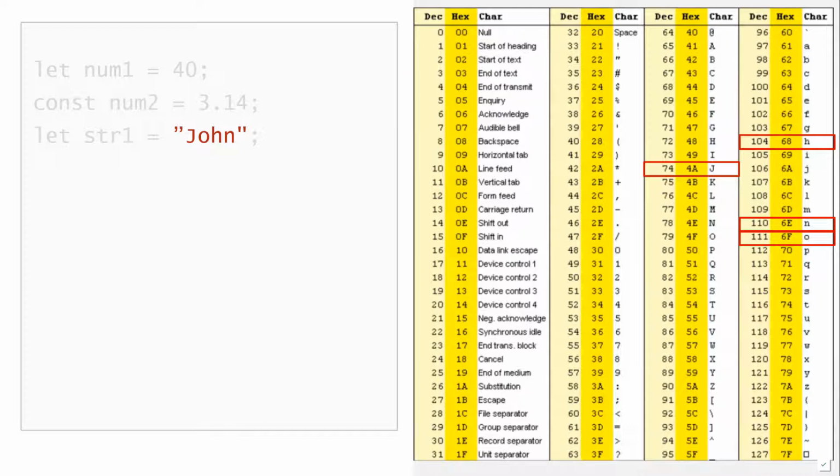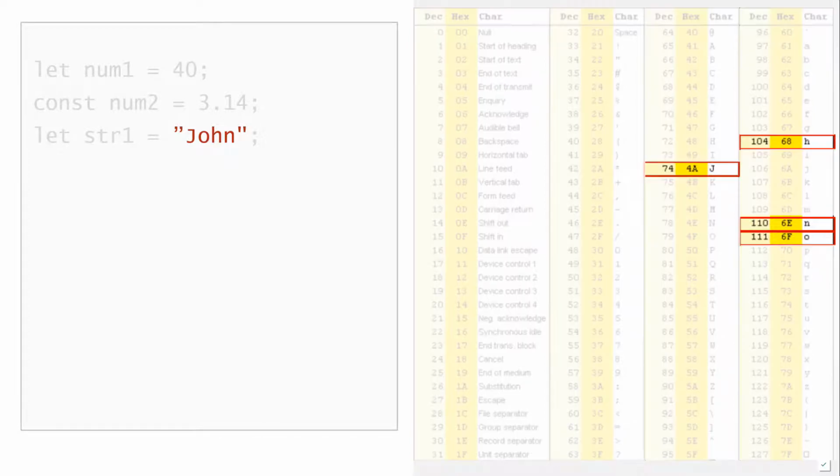So this is an old standard for relating characters to numbers. The Unicode standard uses exactly the same numbers right at the beginning of its definitions. So the first 127 characters in Unicode are the same as the ASCII characters. So let us see how we can represent the name John in both ASCII and Unicode.